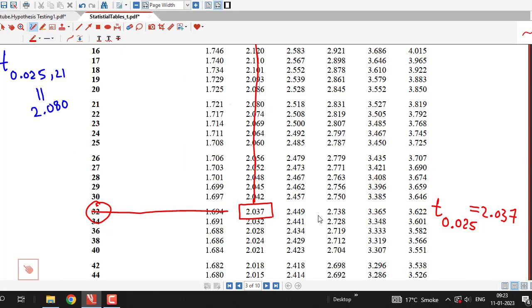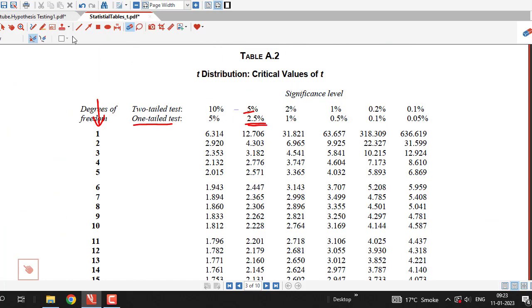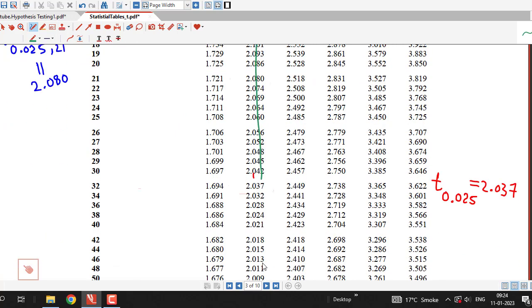So now I have to look for 36 degrees of freedom in the T table. So let me remove this, and I have to look under this column: two-tailed 5%, one-tailed 2.5%, and we have to go up to 36 degrees of freedom. So you can see the intersecting point has value 2.028.